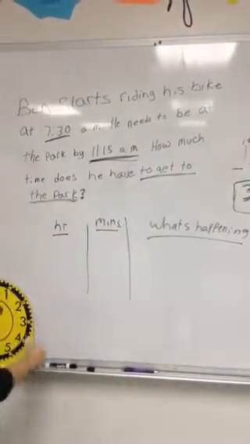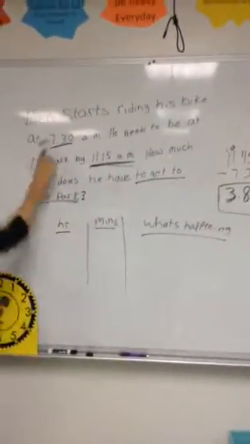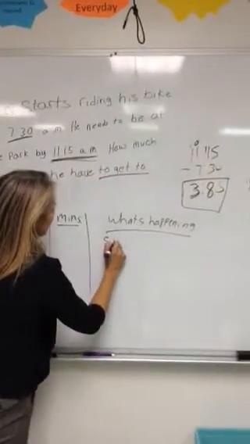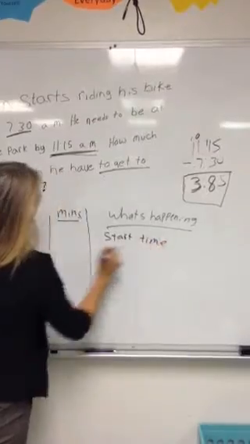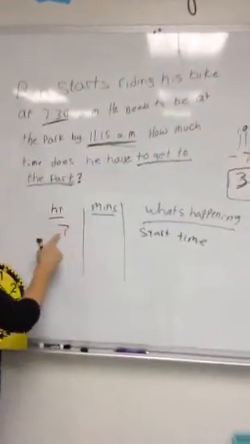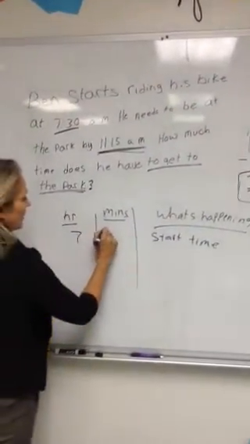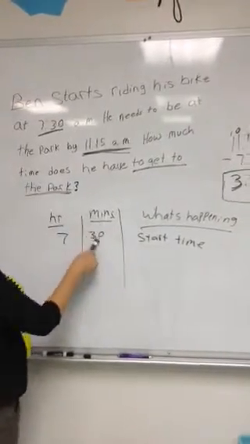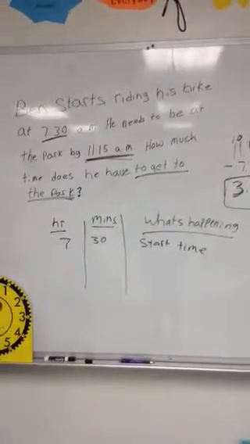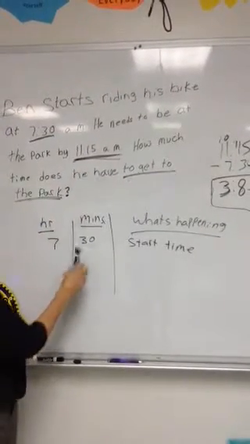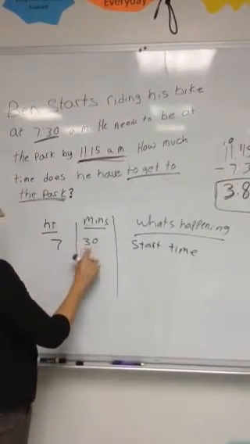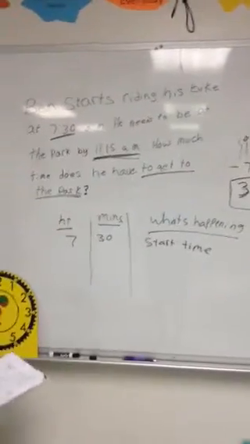So right here we're looking at our start time, 7:30. We're going to start with our start time, and we're going to put it right here. 7 is the hour. 30 is equivalent to the minutes. So remember, we have 60 minutes in an hour. So this is 30 minutes. It's not quite 60, so it can't make another hour.